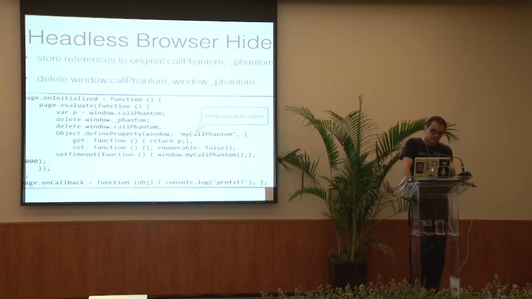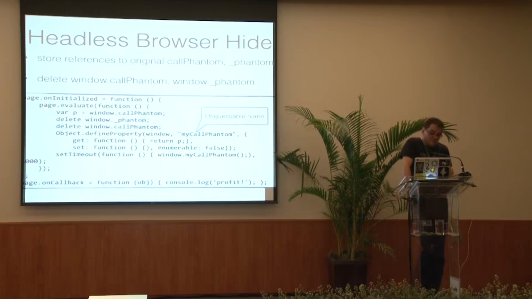And this _phantom and callPhantom are used for, I would say, some IPC, which is not really used much, and nobody really knows how to use that IPC. So not many people are using this _phantom. Just deleting them is pretty safe if you are not really using them.